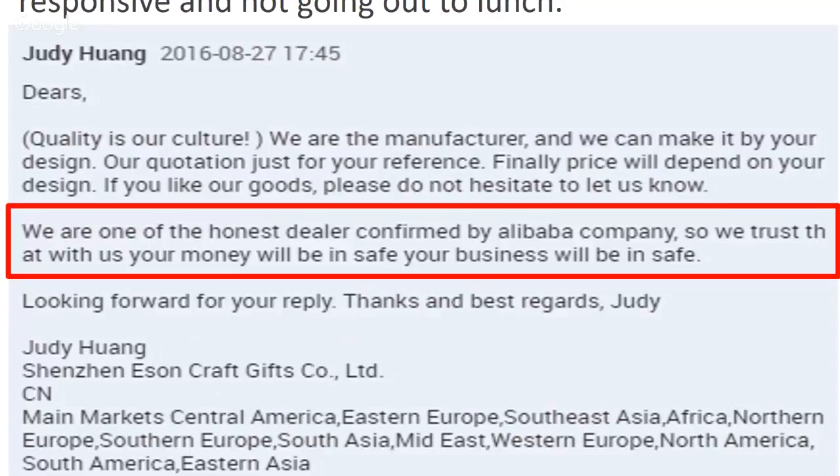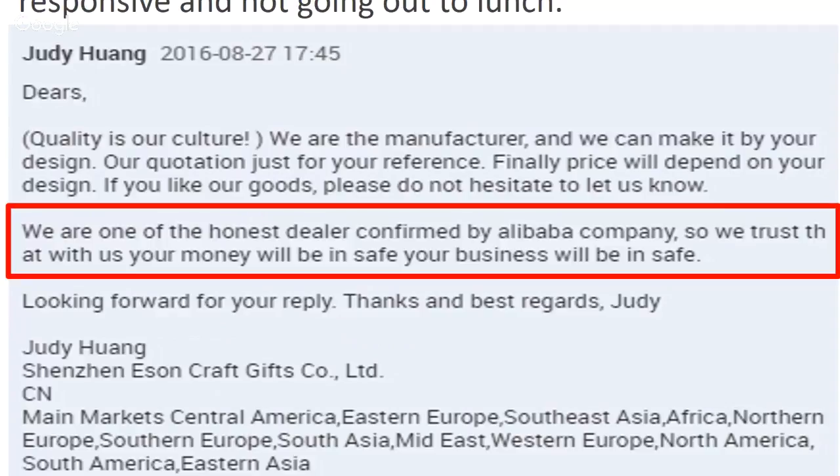One, they're assuming that their quality is their culture, and that's what they focus on. Two, they're the manufacturer, and they're able to produce alternatives for me if I want to change the product design at all, which is great. And obviously their pricing will depend on my final decision on the design.